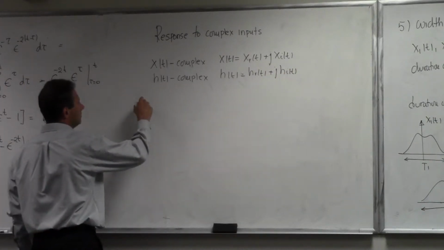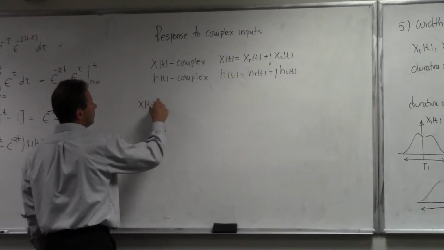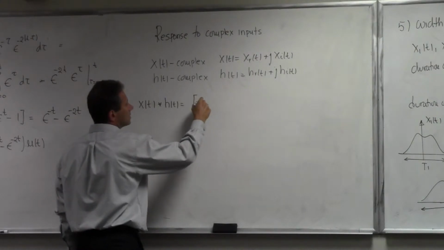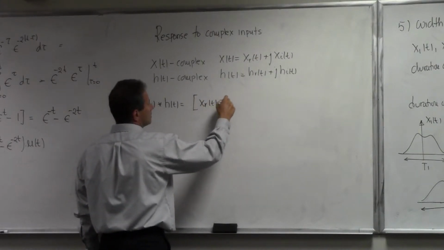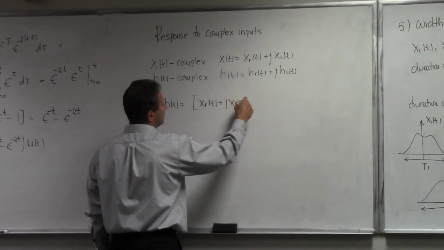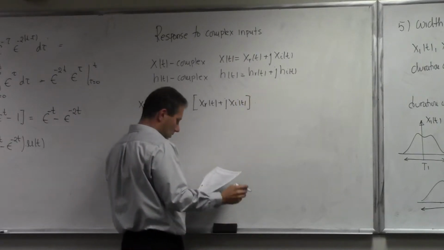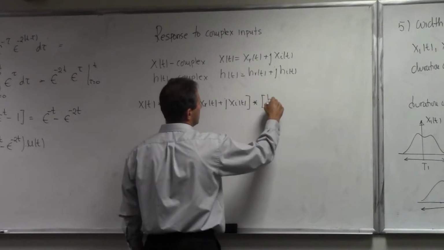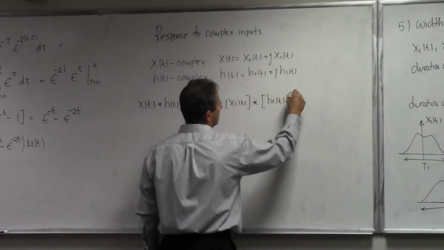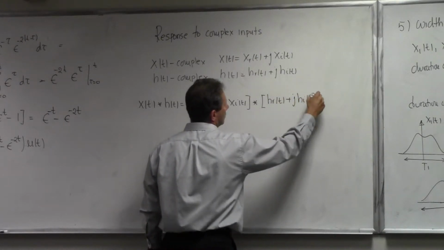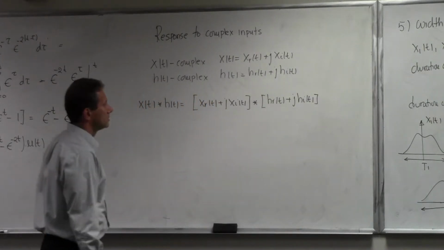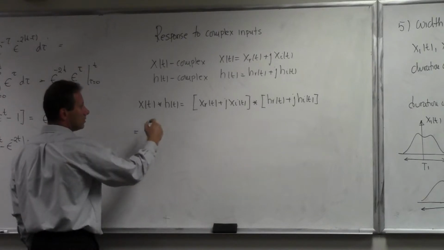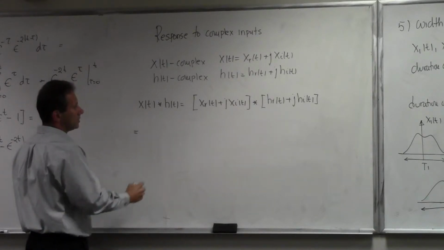Now, x of t convolved with h of t becomes, in this case, x real of t plus j x imaginary of t convolved with h real of t plus j h imaginary of t. That's our star notation. In a complex notation, nothing changes. In a long form notation, integral notation, nothing changes.